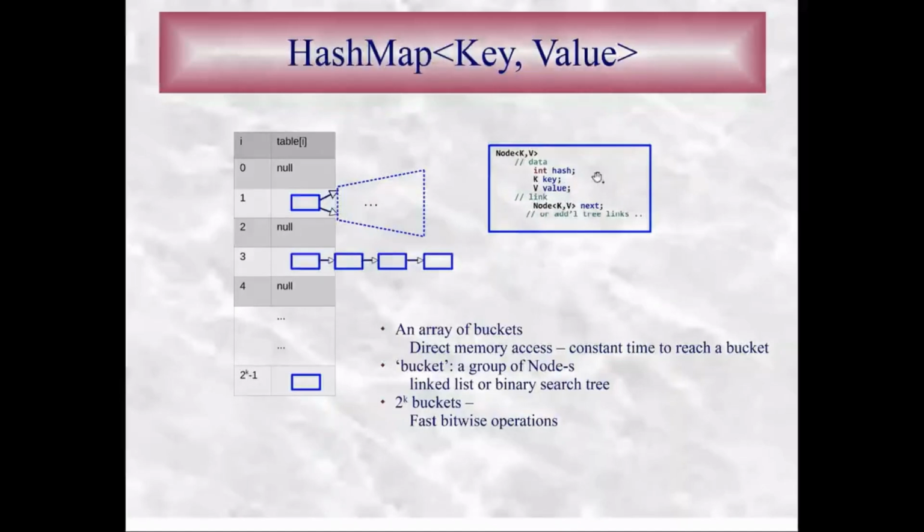This is the same for both the tree nodes and the linked list nodes. There's no difference as far as the data portion goes. Their links are different because of the different structure they maintain, but that's not what we're interested in. The data portion on any node in a hash is exactly the same.